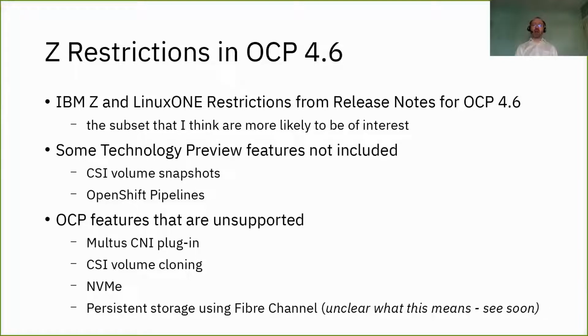And some technology preview features that arrived in the Intel world and not in Z yet are these CSI volume snapshots and OpenShift pipelines. So CSI, the container storage interface, this is the way that most things now present persistent volumes, persistent storage.